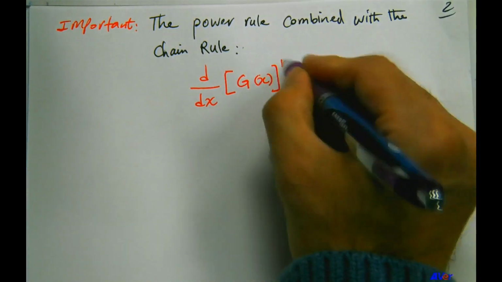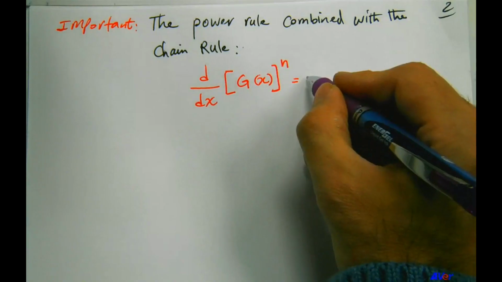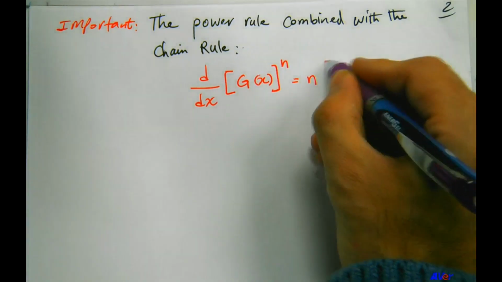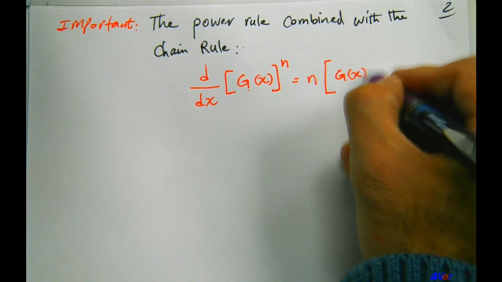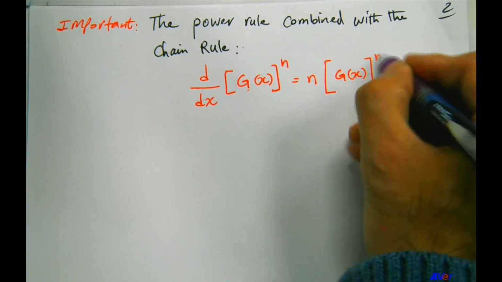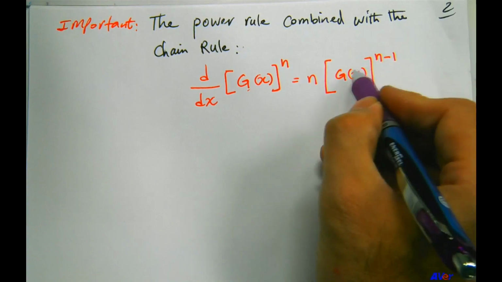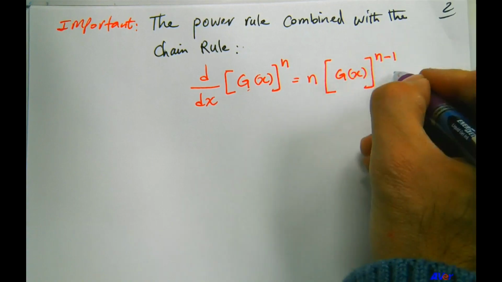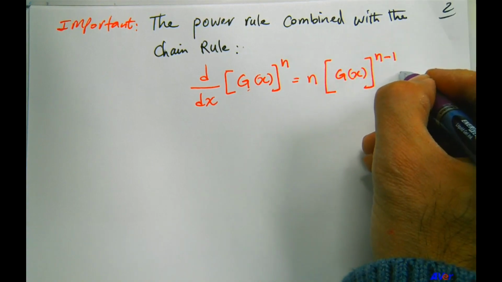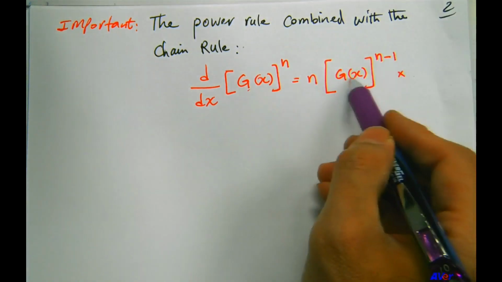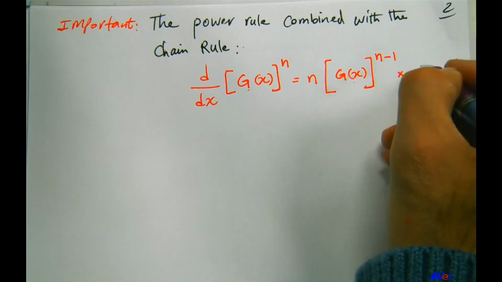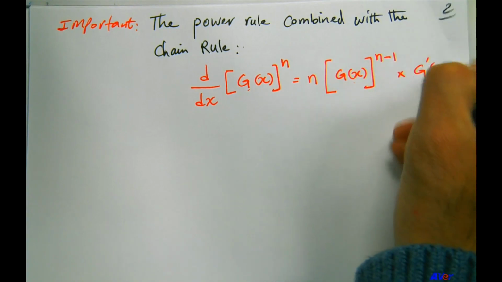We have n comes in front, so we have n multiplied by that function g of x raised to the power n minus 1, right? That's the power rule, times the derivative of the function, g prime of x.